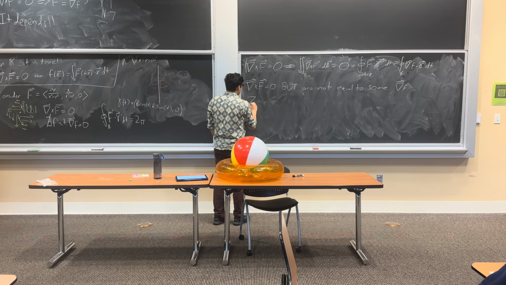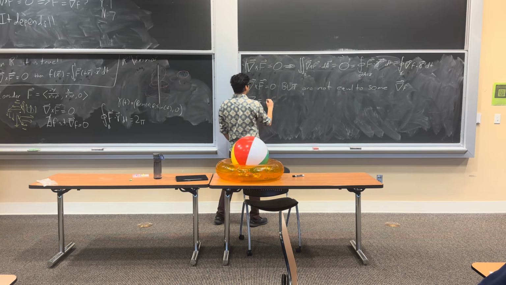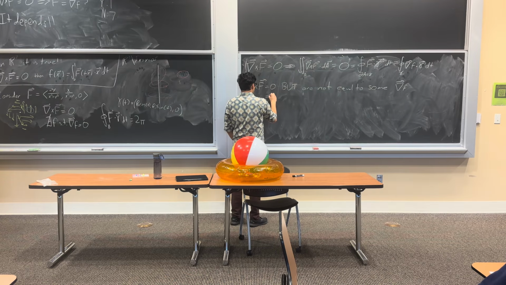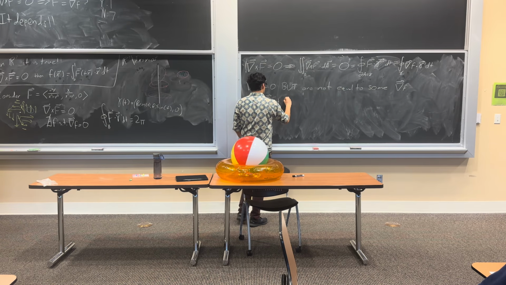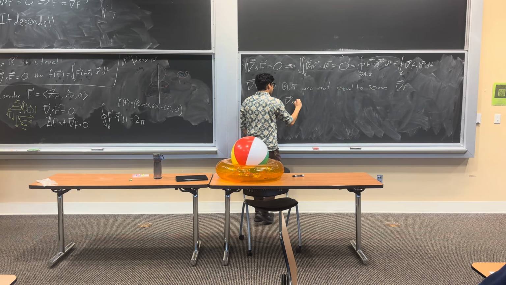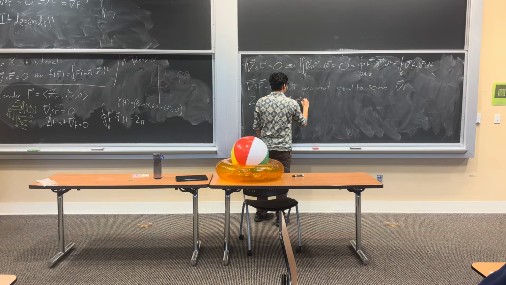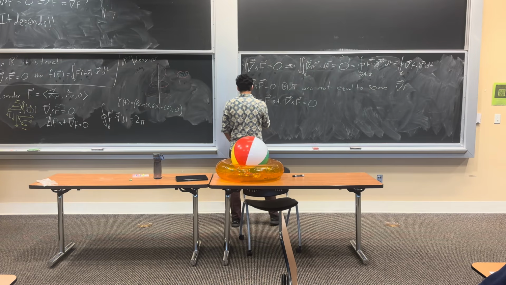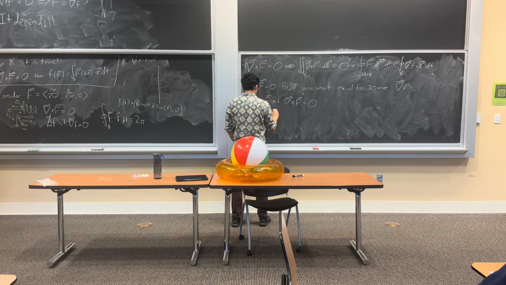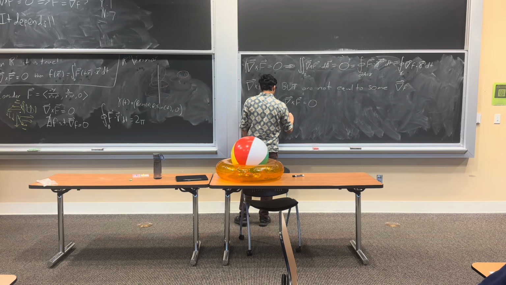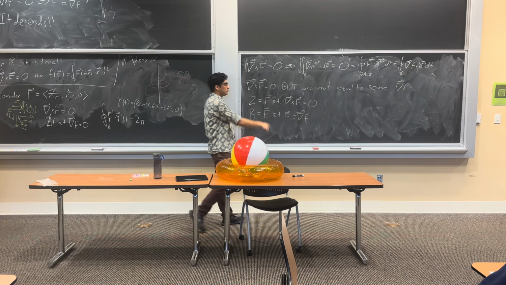So Z is going to equal the vector fields such that the curl of f equals 0, and B is going to equal vector fields such that they're equal to some gradient.